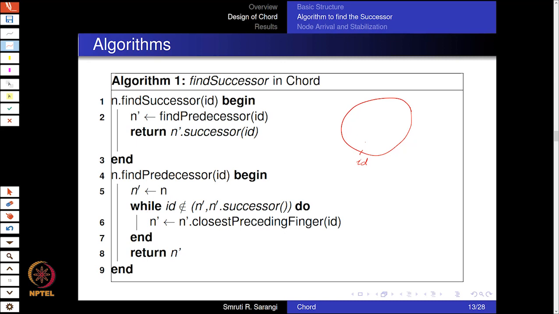So what we do is contact one of the nodes that we already know, node n, which is a part of the ring, and ask it to find the successor of ID. So we call the function n.findSuccessor(ID).